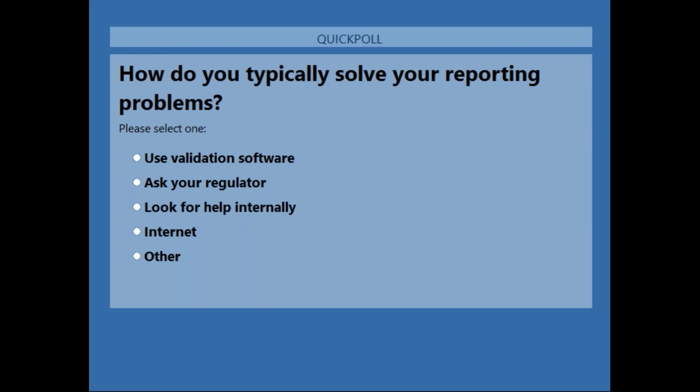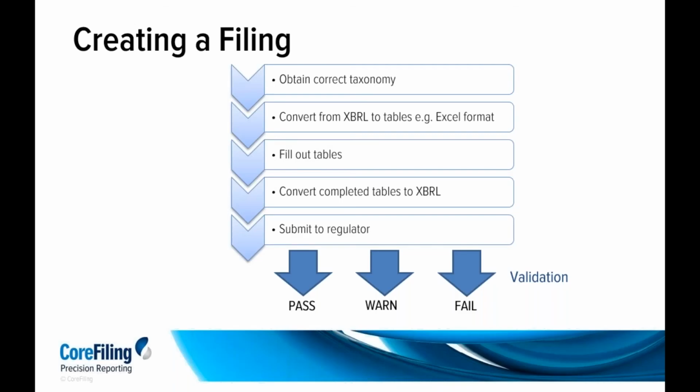Is it through looking for help internally, by searching on the internet, or through something else? Again, we'll just give a minute or so for people to submit their answers. They're coming in now. Nearly there.